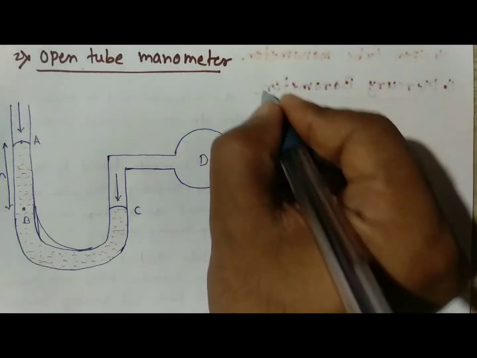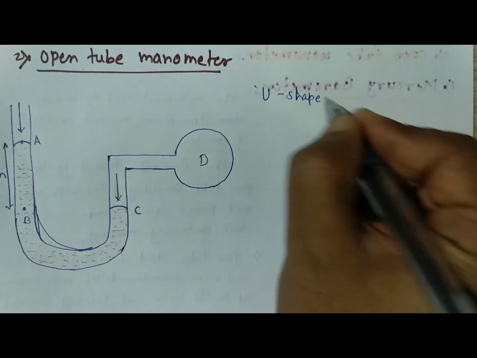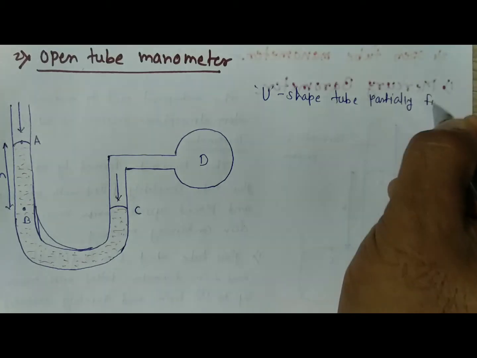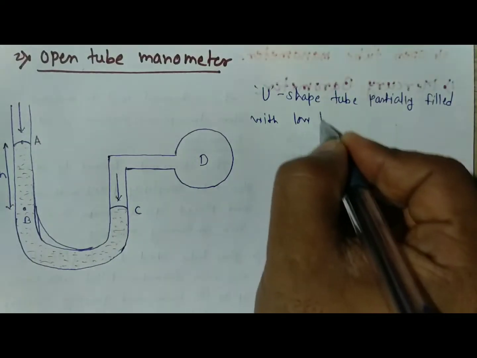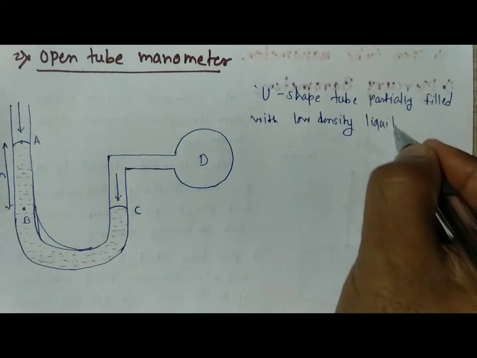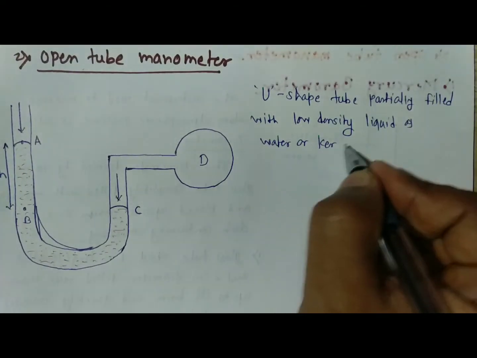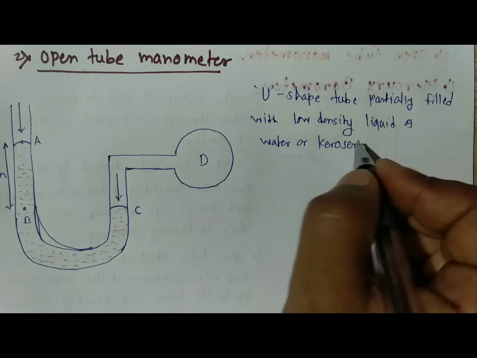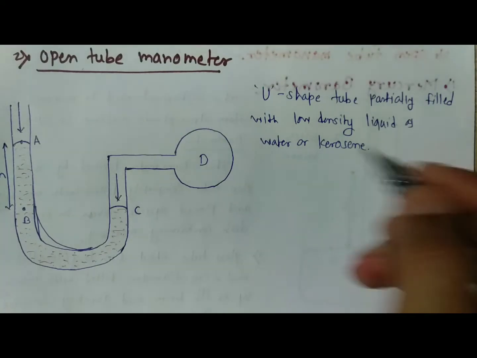Right now we are going with the open tube manometer, and this open tube manometer is considered a U-shaped tube partially filled with a low density liquid such as water or kerosene, and it helps to get a large level difference between the liquid levels in the two arms of the U-tube.